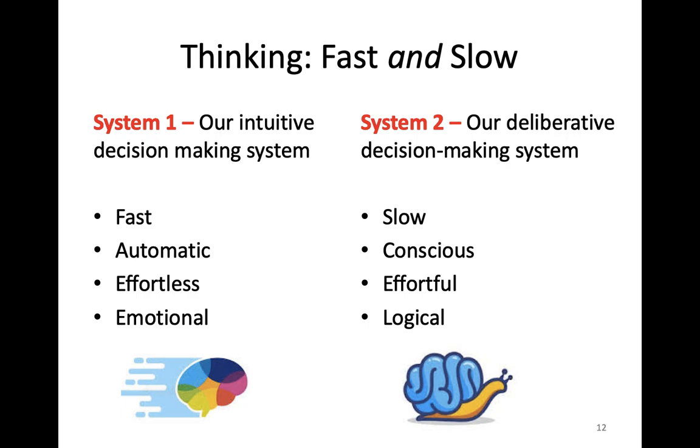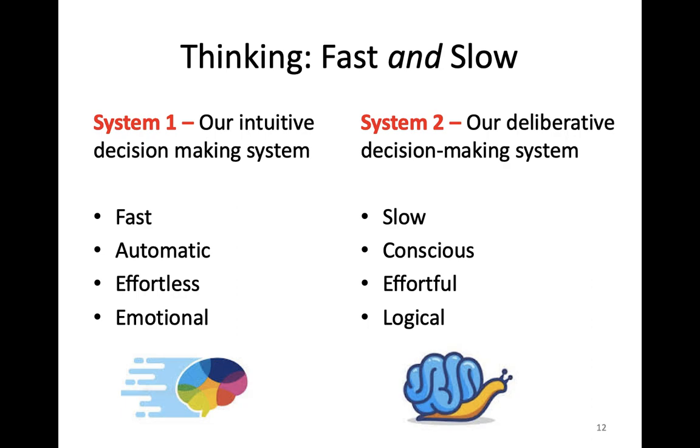So another way to think about the way that we think about the world and the way that we make decisions is to think about having these two different systems. So system one is our intuitive decision-making system. It typically is fast, automatic, effortless, and uses emotion.